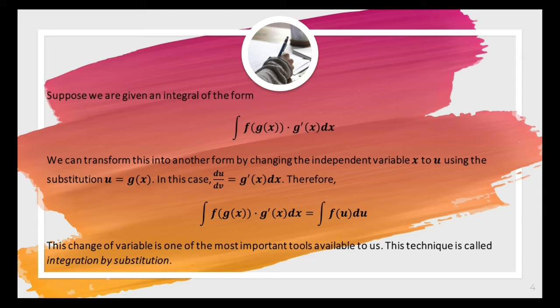In this case, du is equivalent to g prime of x dx. Therefore, the original integral of f of g of x times g prime of x dx is equivalent to the integral of f of u du by substitution. This technique is called integration by substitution.